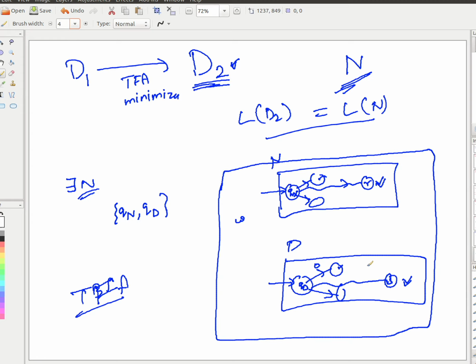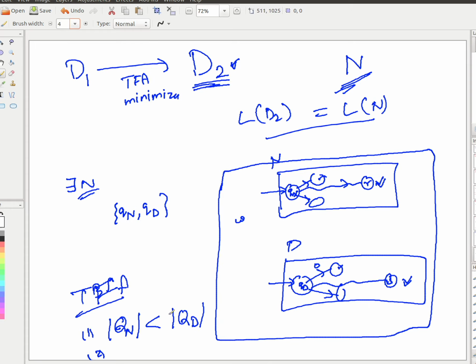Now if that is the claim, then you already said that Qn is smaller than Qd, and this is the first thing as per the assumption. Second thing is that every state of N has an equivalent state on D also, for sure.